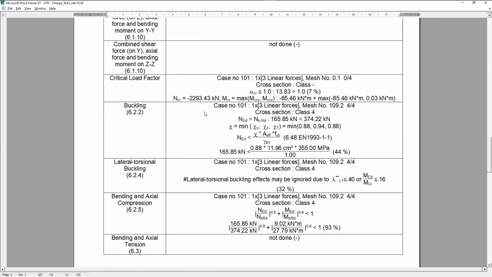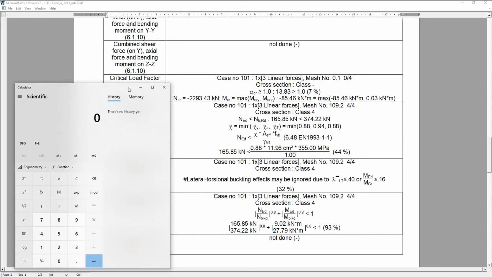That means for 13.83 times the design forces, I would get the first failure of the member, the first numerical instability. That means the critical axial force is in fact given by 13.83 multiplied by the design axial force, which was about 166.